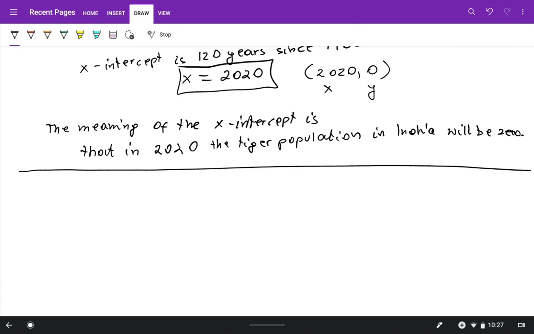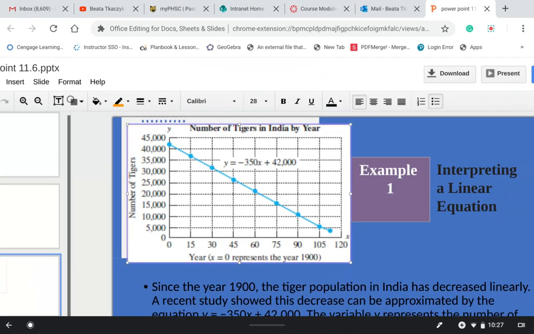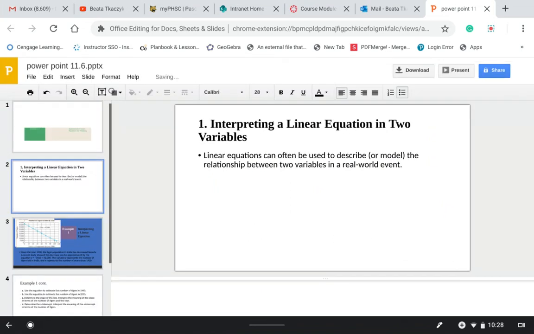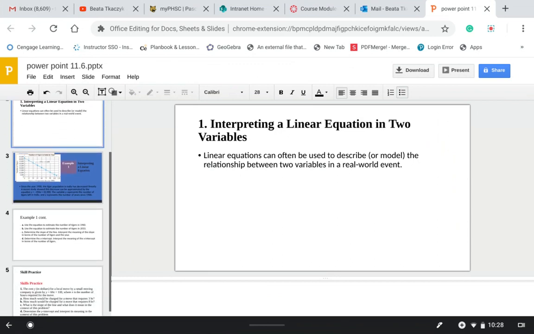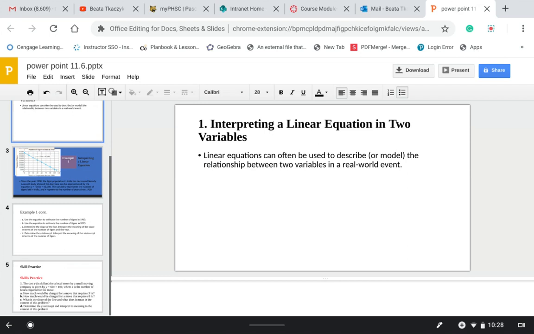Next will be skills practice, which is a very similar problem to the one which I went over. So let me show you that problem. Where is that problem on the PowerPoint? I see this PowerPoint is missing some stuff.